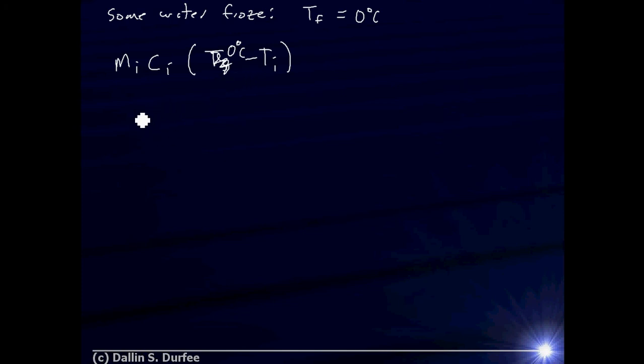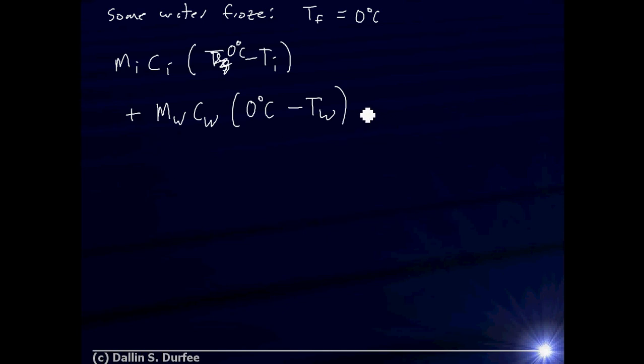Okay, so how much heat flows into the water? Well, first I have to cool the water down to 0 degrees C. So that's how much heat flows into the water. And notice it will be a negative amount of heat flowing in, because it starts out above 0 degrees C. So some heat flows out of the water, that's negative heat flowing into the water.